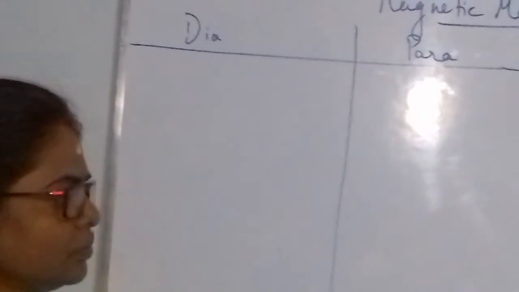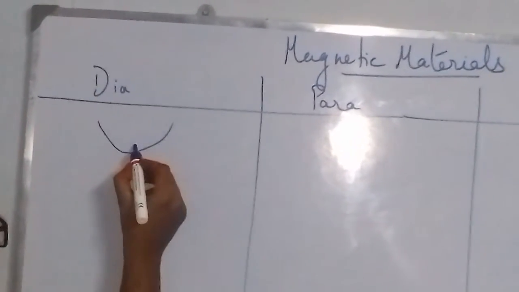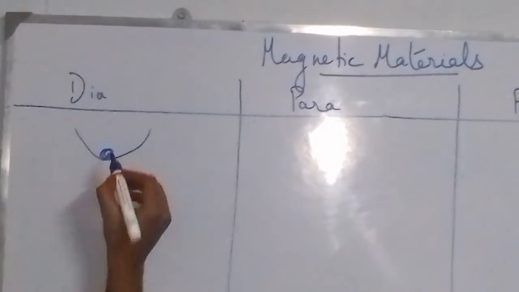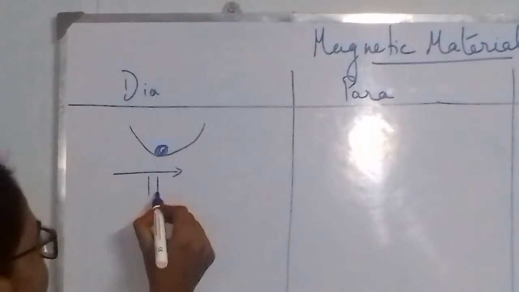First we will classify the materials coming under dia, para and ferro. Let us take a material in a small dish. Now let us introduce an external magnetic field.